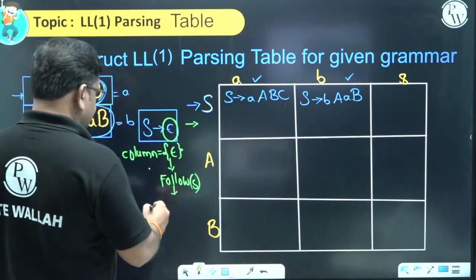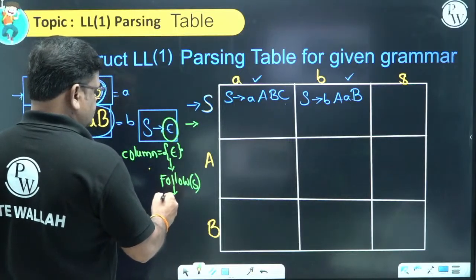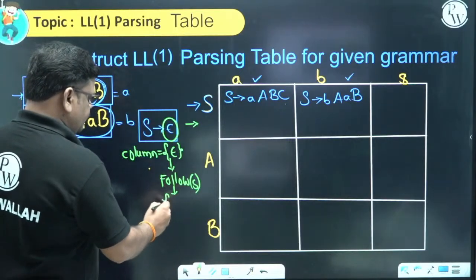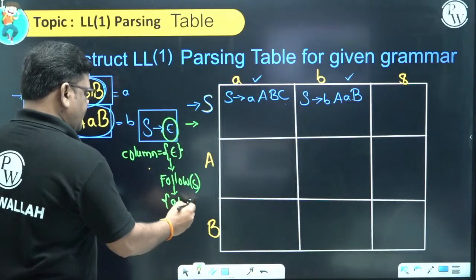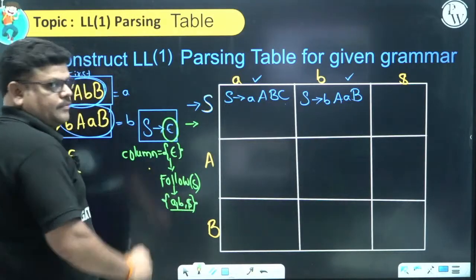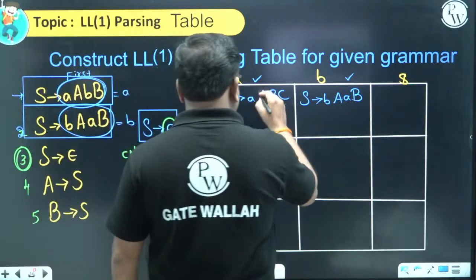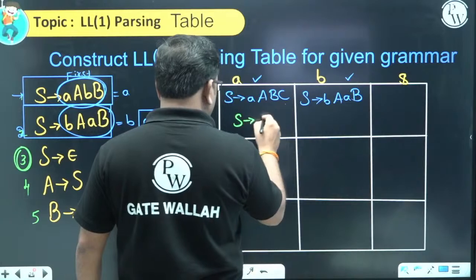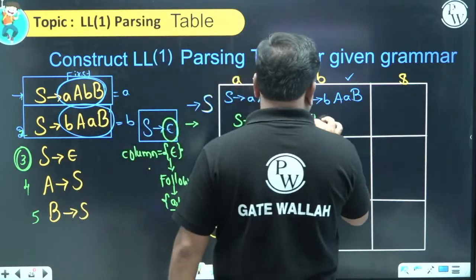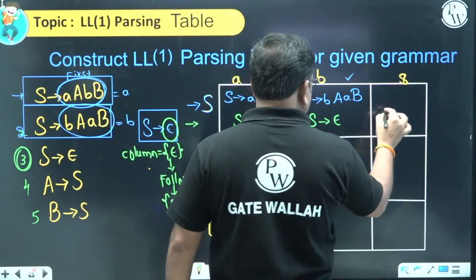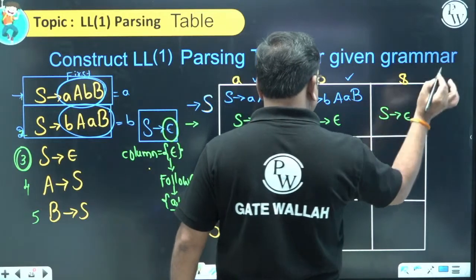So here the columns of this are A, B, dollar. That's why the epsilon production will be placed in column A position, in column B position, and in column dollar position.